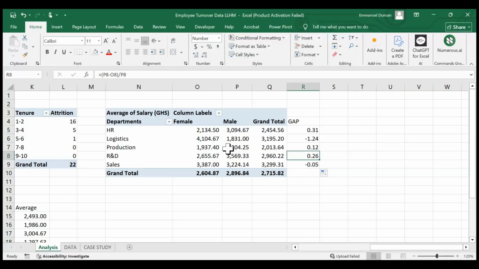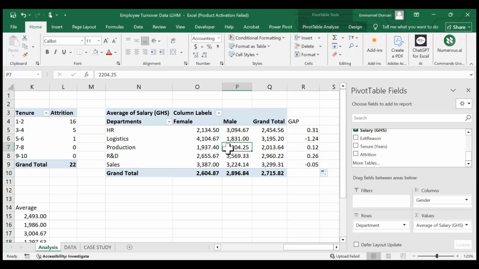We can also go ahead to check the attrition, according to the people that left. So with this, you can just put in your attrition to filter quickly. So we have it here.